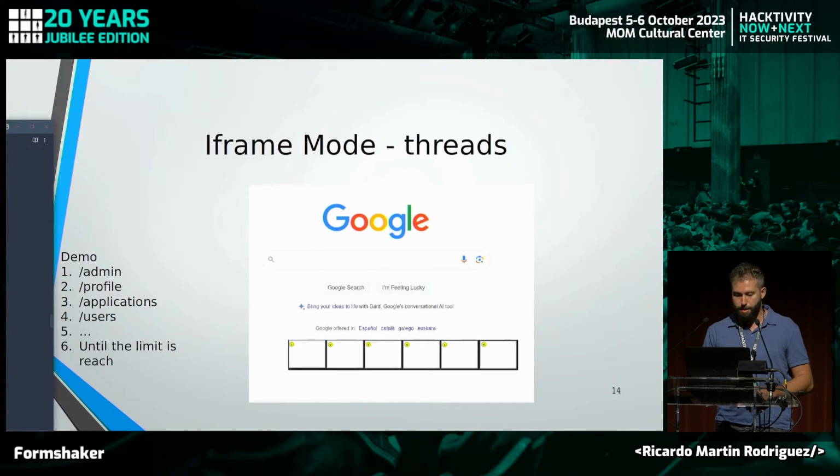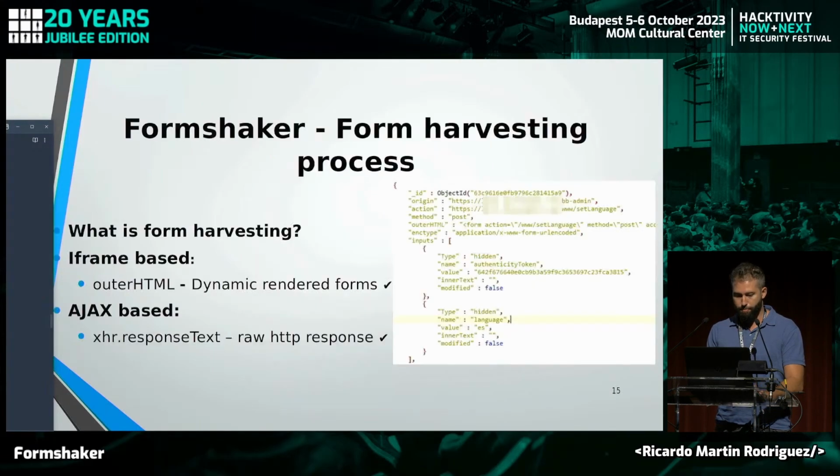All right, so now let's talk about the second of the 3 processes, the form harvesting. This refers to the process of gathering or collecting the HTML forms present on the website as it's crawled. Again, the ES agent offers 2 modes to harvest the forms, using iframes or using AJAX requests.